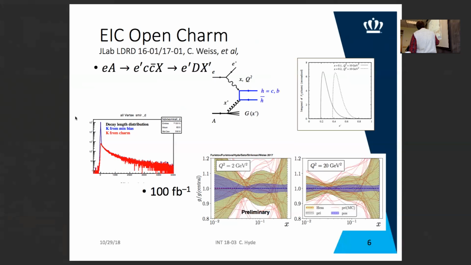It also means that the gluon momentum fraction is not the Bjorken x. It's shifted by a term that's mostly due to the charm mass.